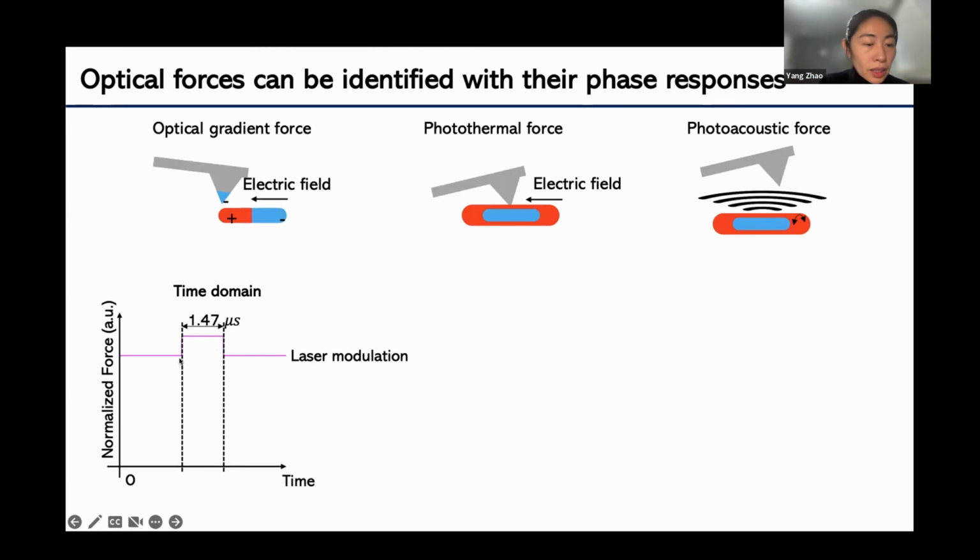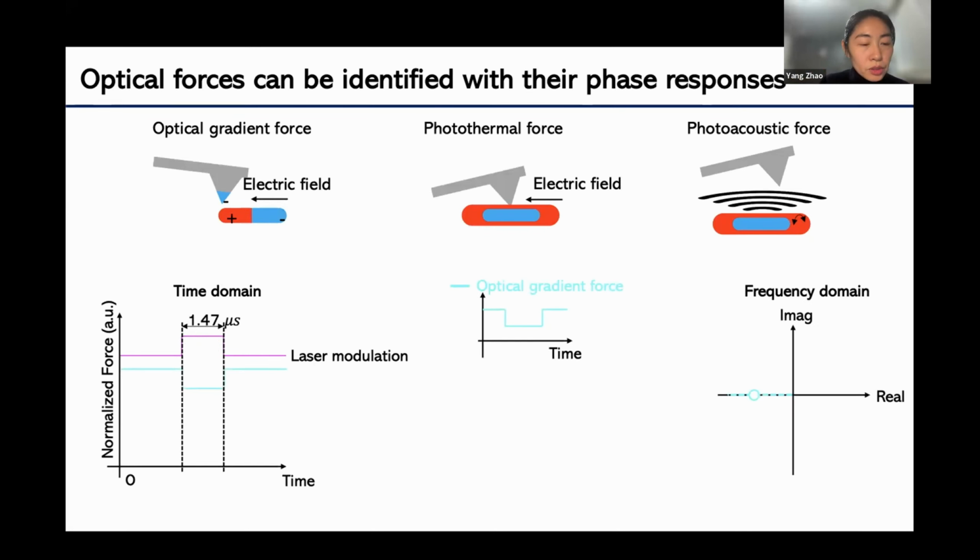But the important thing is when you have a square wave modulation, your optical gradient force would follow immediately. So here it is indicated by the cyan color. Because this optical gradient force on the plasmonic particle generates an attractive force, the time scale you can consider is instantaneous due to the time resolution we have in the electronics.